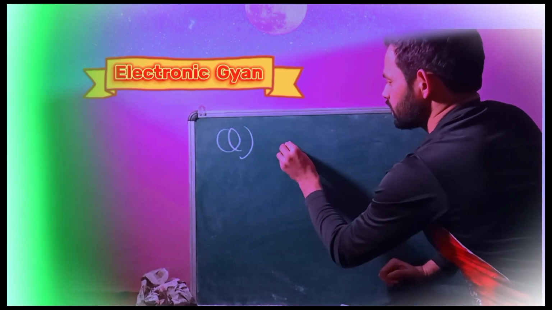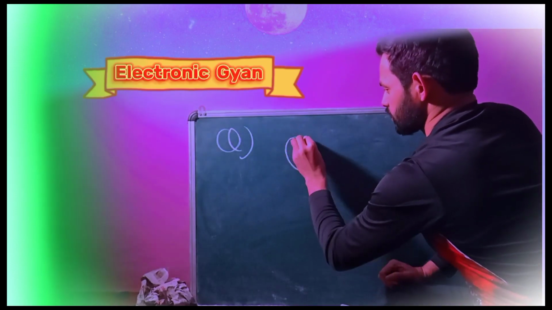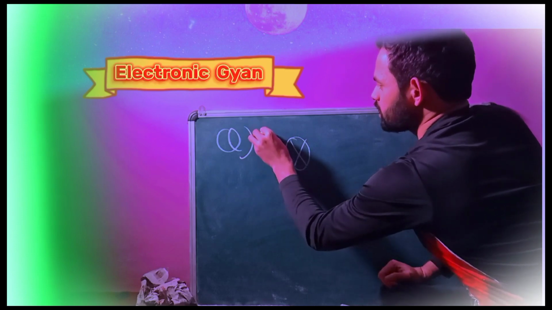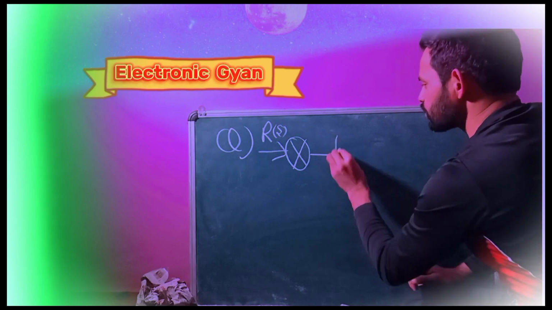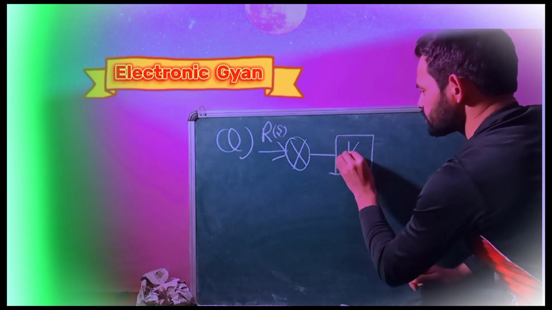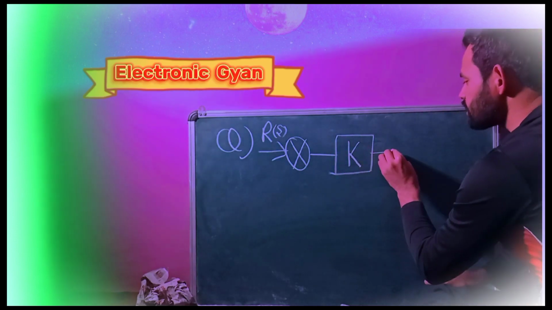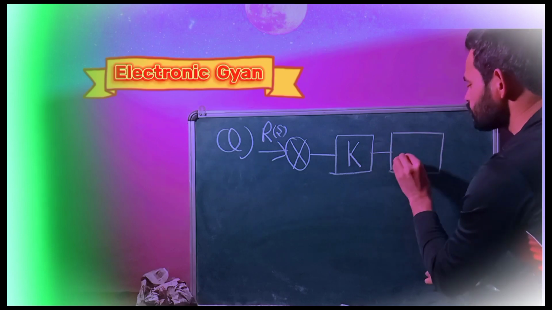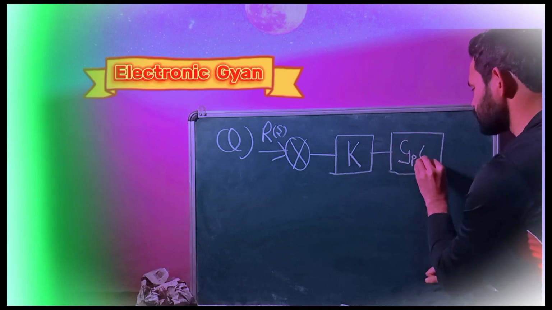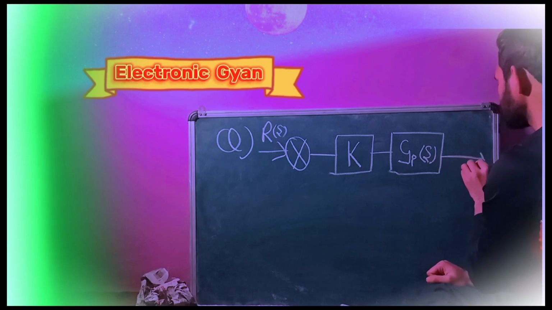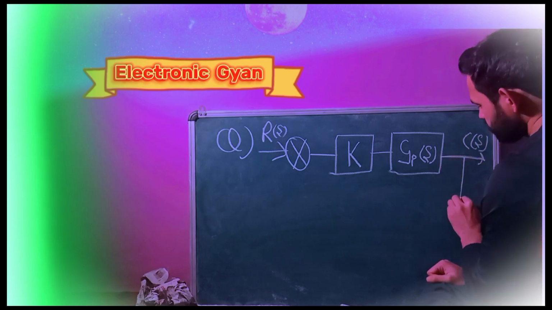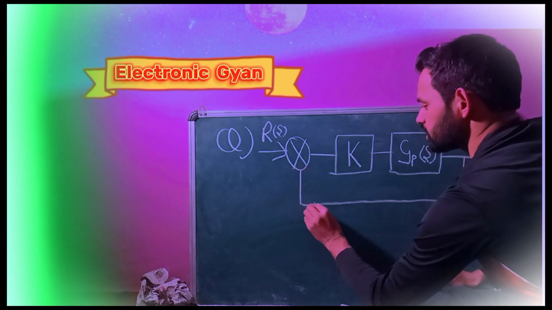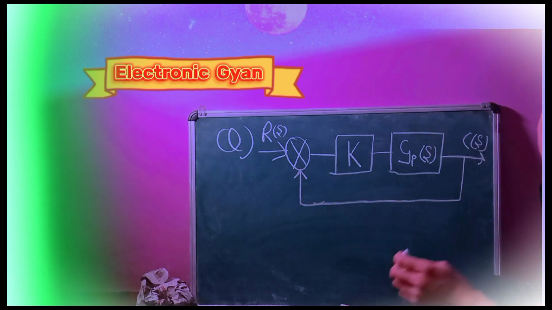So here is my third order system. This is my input R of S, and this is the gain of the system, K, and this is my plant of the system, GP of S. My output is C of S, and this is a unity feedback system. Here what is given?